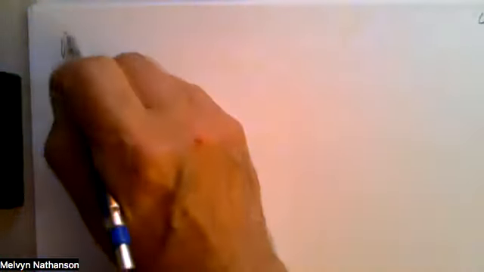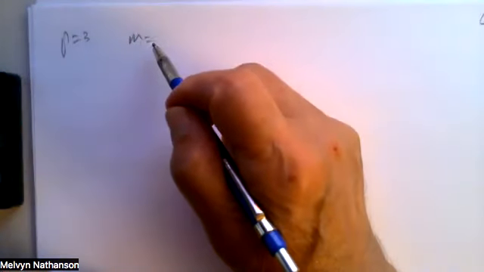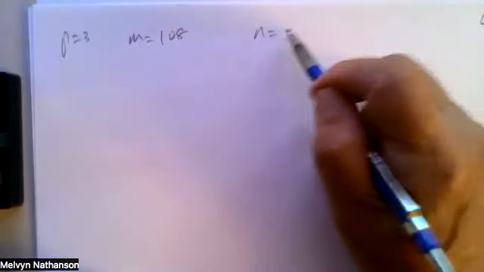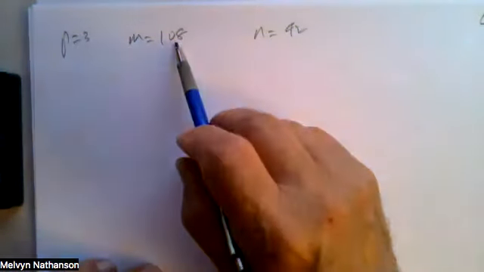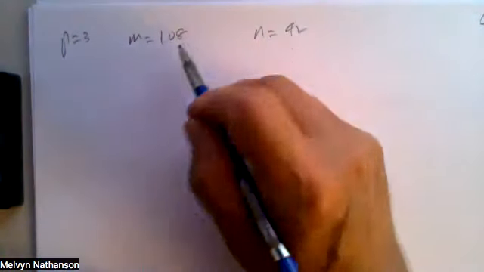So suppose I take the prime P equal 3, and I take the number M to be 108, and the number N to be 42. I want to know the power of 3 that divides each of these numbers.